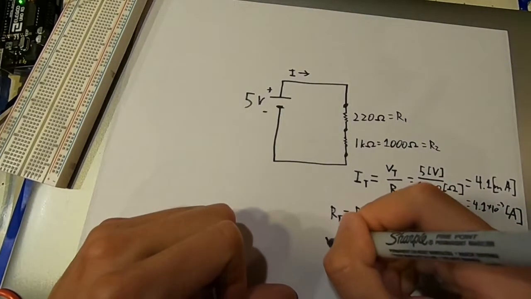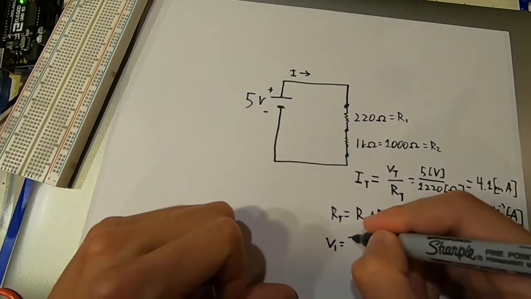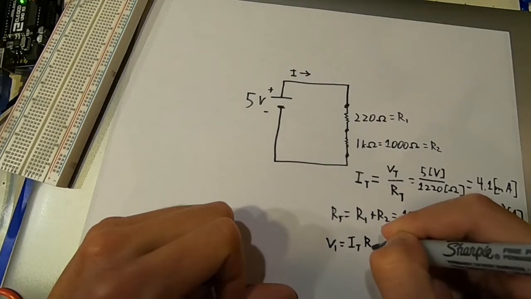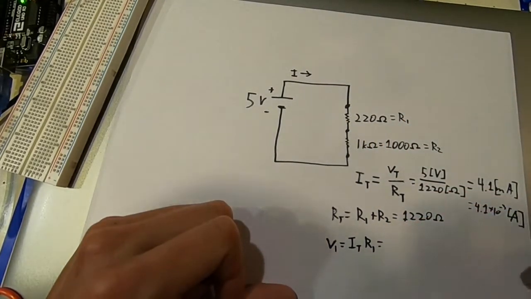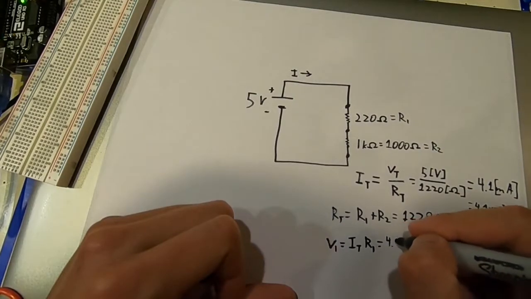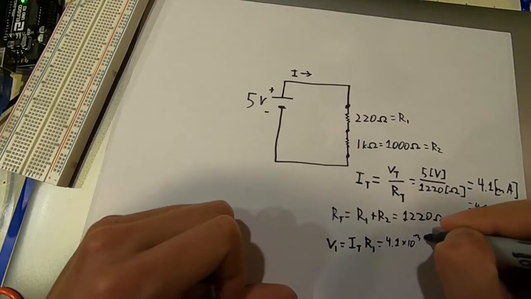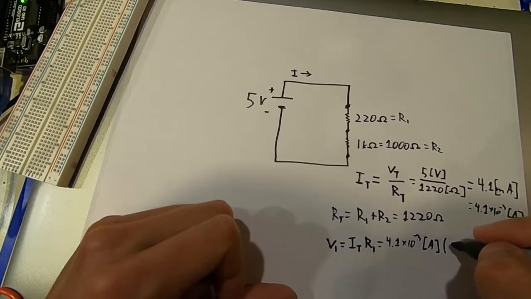So V1 we expect to be equal to the total current times the resistance at R1. So it's going to be equal to 4.1 times 10 negative third amps, right, times our 220 ohms.